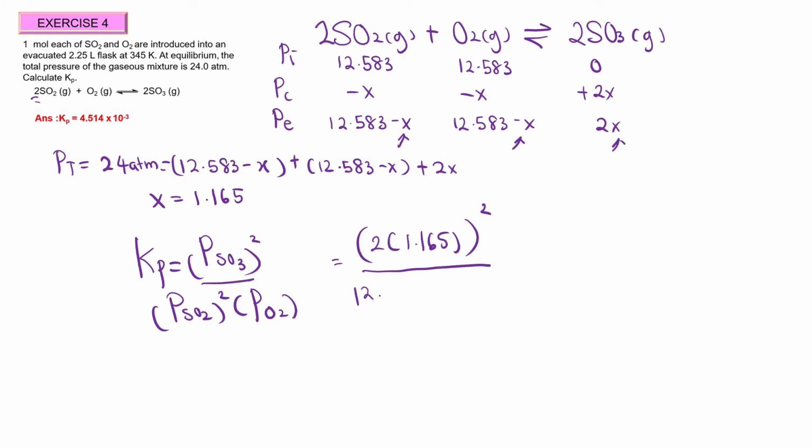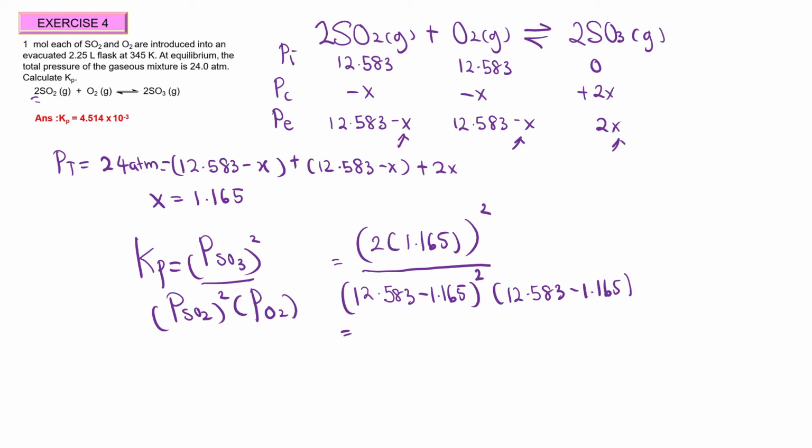minus 1.165, squared, times the pressure of oxygen, which is 12.583 minus 1.165.